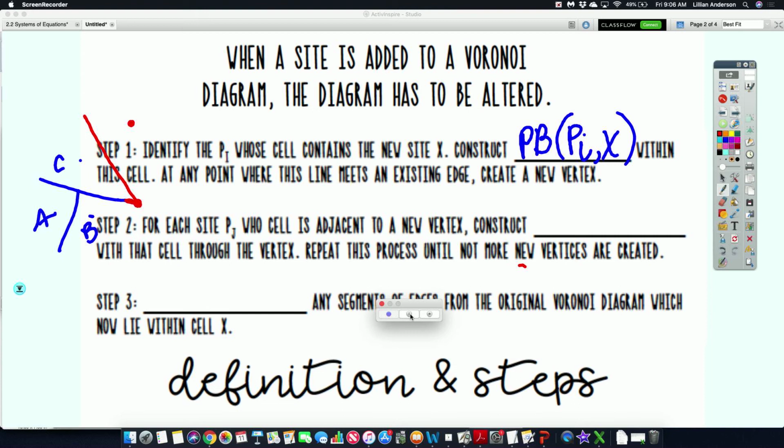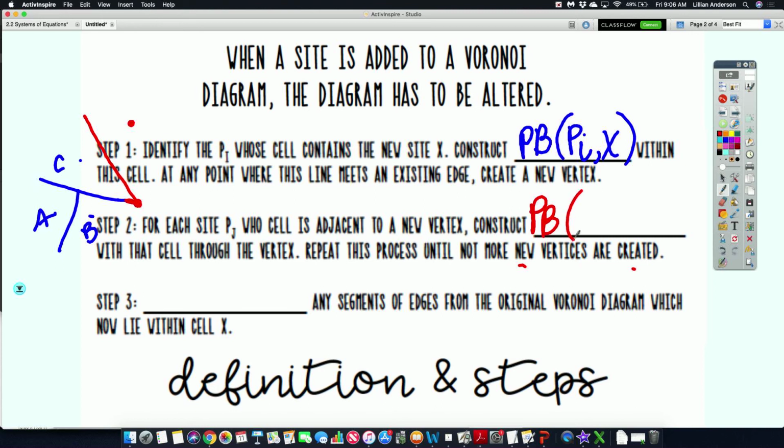So for any different site that's next to that new vertex that you create, you need to construct another perpendicular bisector with that site and the site that's being added in.